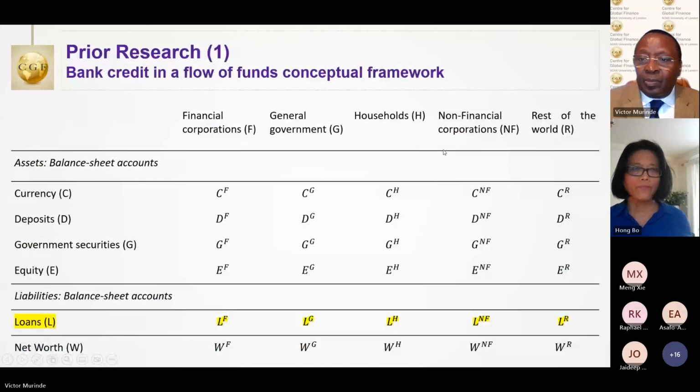But that may be caused by some other factors rather than this market booming, right? So that's my first question. I was wondering, why did you check this credit share rather than directly use, let's say, the performance indicators of sectors?